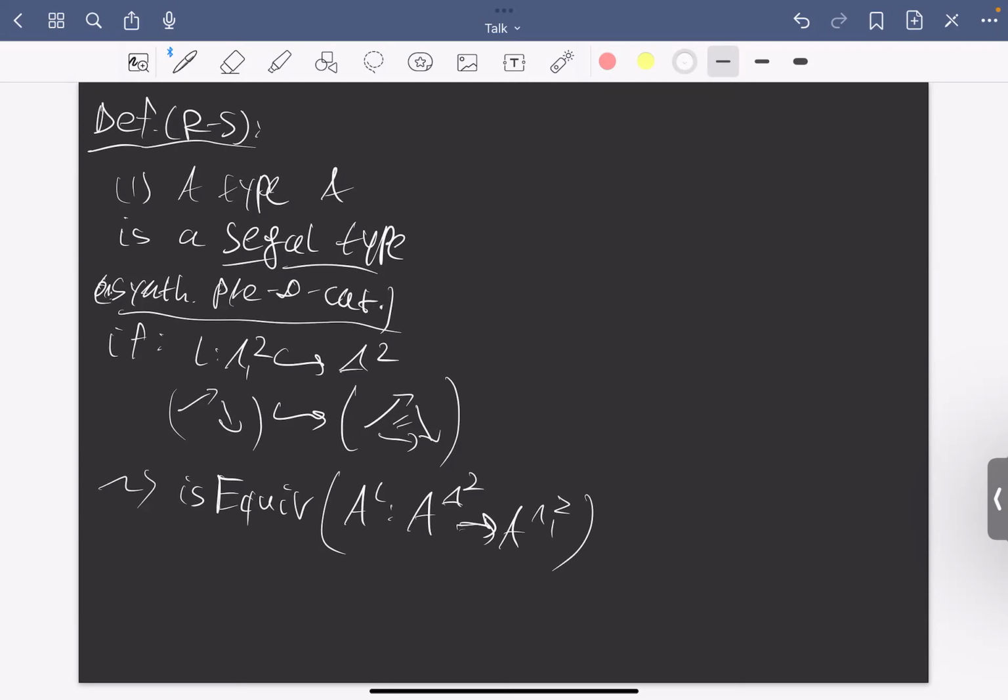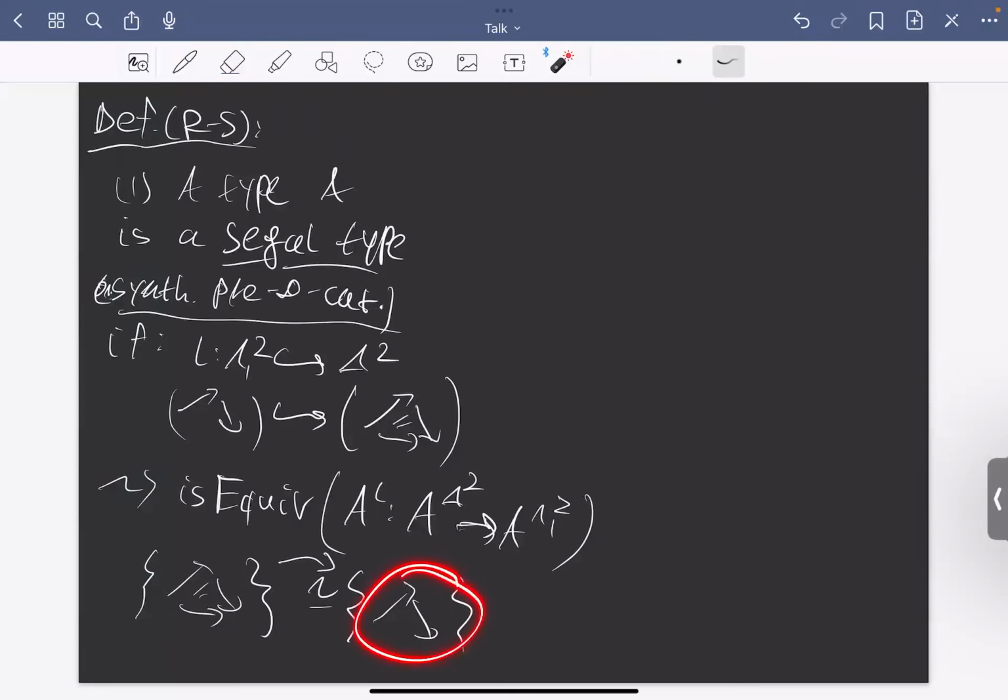What this means is that the type of triangles like this in A is equivalent to just the type of composable pairs. Of course, we can always restrict from the 2-simplices to this part of the boundary here. But the important thing is that we can come back in an inverse way.